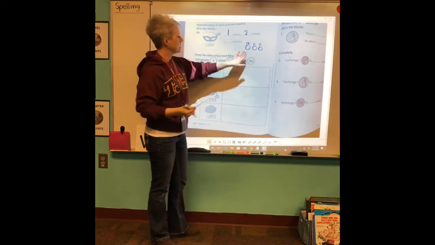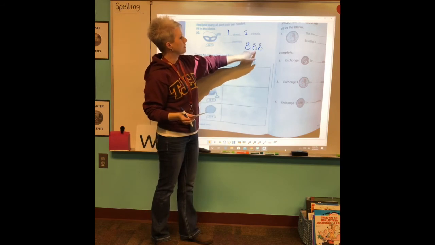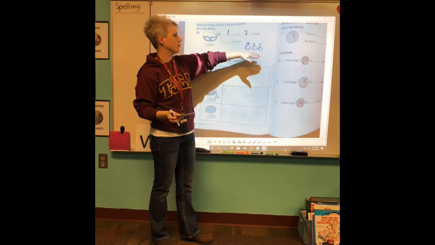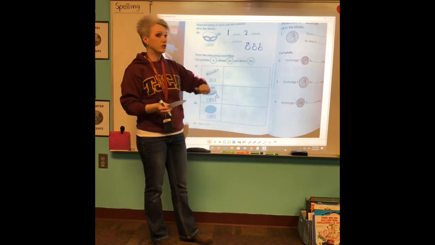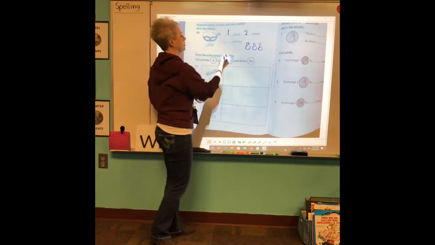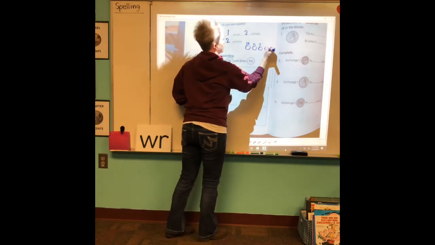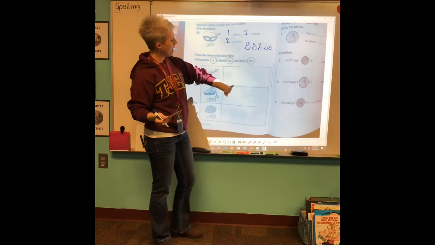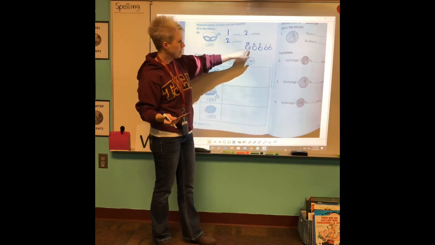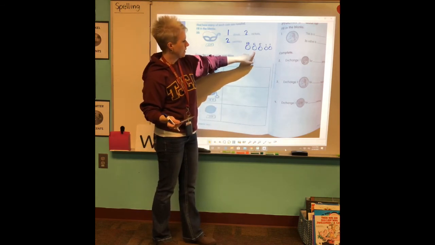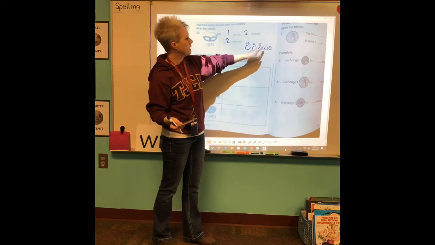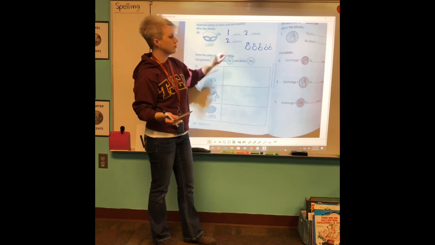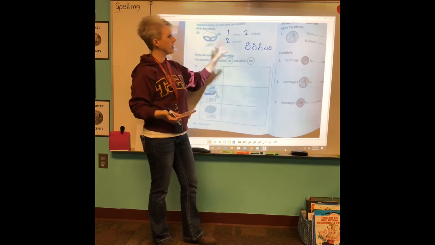I have 10, 15, 15 plus 5 is 20. Now I have 20. I need to get to 22 and I'm at 20. How many pennies do I need? Good job, 2. 2 pennies. Those are both equal 1 each. Now I have 10 plus 5 is 15. 15 plus 5 is 20. 21, 22. So I could have 1 dime, 2 nickels, and 2 pennies. Okay, there's more than one way to do this.